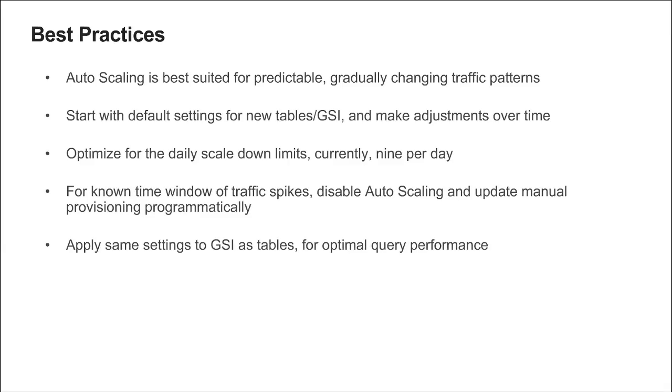And lastly, make sure that you apply the same settings for your global secondary indexes as for tables, because the throughput capacity is at the table level or the GSI level. By having the same settings, you ensure that your queries against the GSI and the writes that you have to the base table are fairly synchronous, so that your GSIs have the most up-to-date data for your responses.